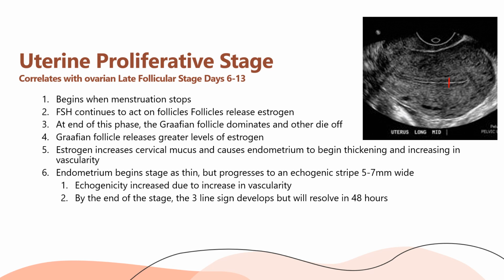Now, right at the end of the phase, for only about 48 hours, right before ovulation occurs and progesterone starts to be released, you see what we call the 3-line sign, where you see the basilar portion or the interface between the myometrium and the endometrium on one side, the endometrial interface in the middle, and then the myometrial endometrial interface on the other side. And this 3-line sign demonstrates a patient is very close to ovulation.